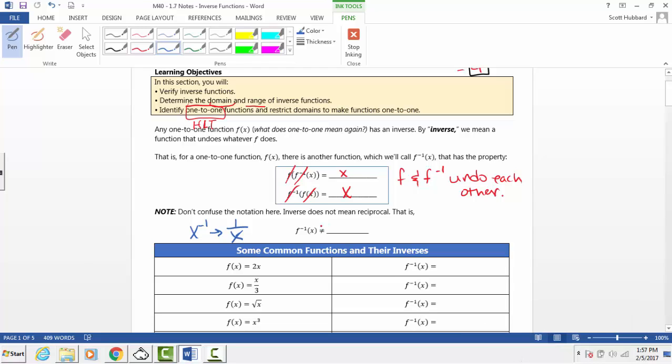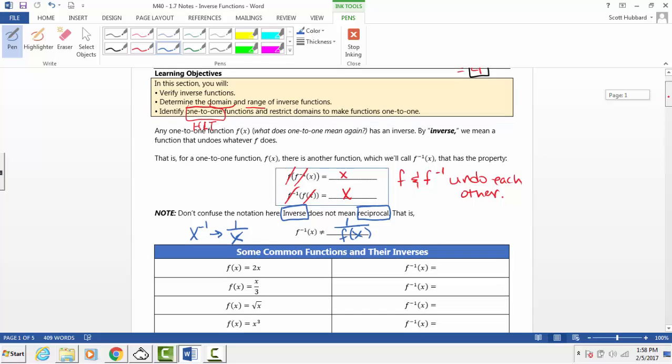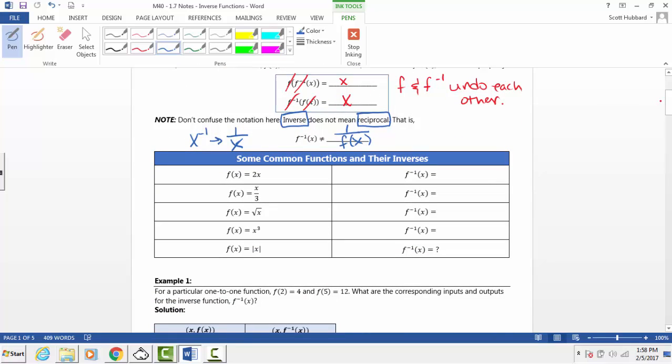When you have this notation, it doesn't mean that. It does not mean 1 over f of x. Okay, so inverse does not mean reciprocal. So just be careful. This symbol, f with a negative 1 power, actually just means the inverse. It does not mean flip it. It does not mean reciprocal. Okay.